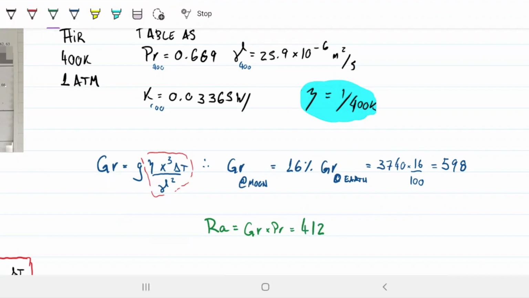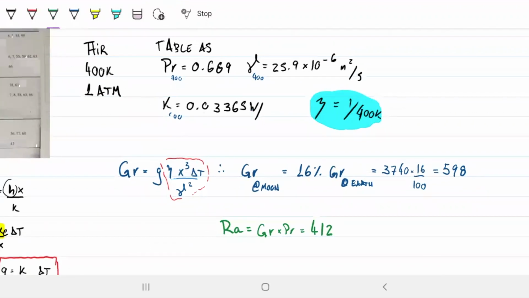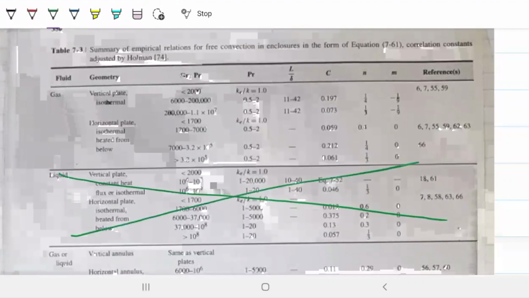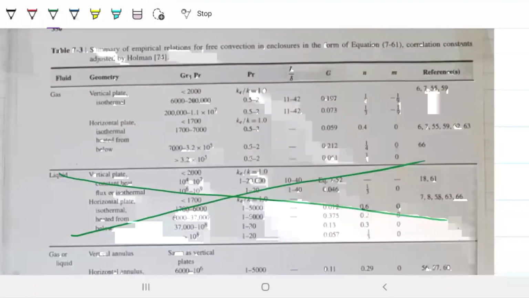Okay, so now we're going to go back to our table and see what's going on. Still air, still horizontal plate, all that's the same. But this is not the case anymore. This is the case. We have 412, so it's smaller than 1700.